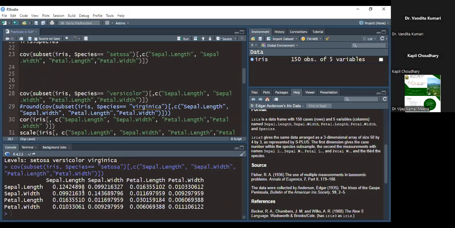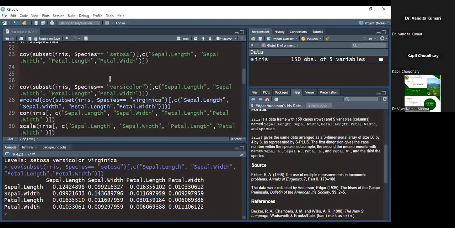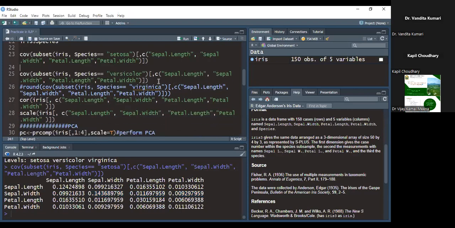Again, the diagonal values are the variances, the off diagonals are covariances, and you can see this value is equal to this value, right? Similarly, the off diagonals, this is equal to this value. So we did this for Setosa species. Again, this can be done for versicolor species.